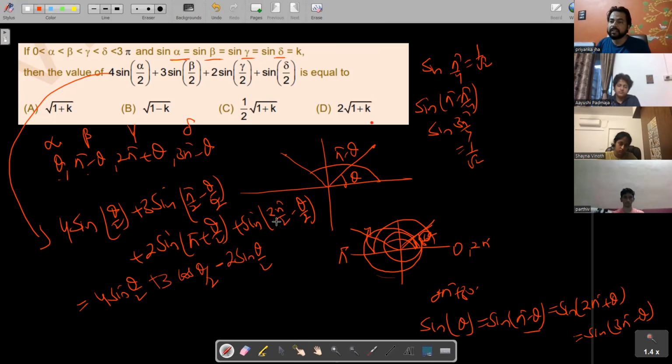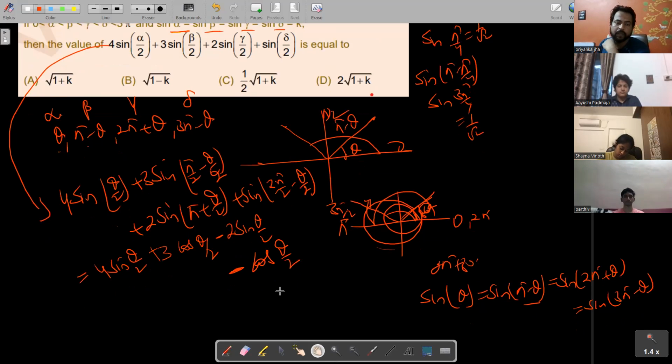Sine of 3 pi by 2 minus theta: again this angle will fall in the third quadrant, sine will be negative, so minus, but this time it is an odd multiple of pi by 2, so sine will change to cos. So this is minus cos theta by 2.